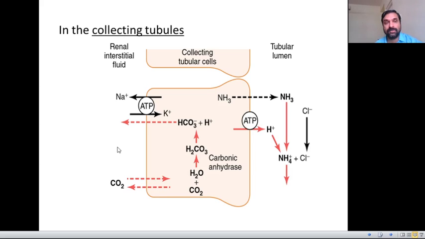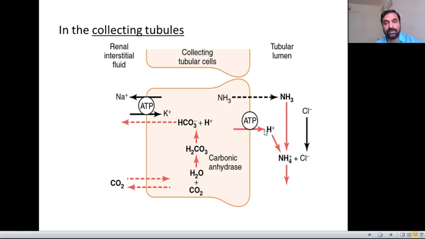In collecting duct and DCT, there is no mechanism to reabsorb ammonium ion, but ammonia can be easily diffused across the tubular membrane. So there is no mechanism of reabsorption of ammonium ion, so it is converted to ammonia. NH4 plus gives NH3, ammonia. This ammonia is freely diffused. Okay, and H plus is secreted by H plus ATPase.